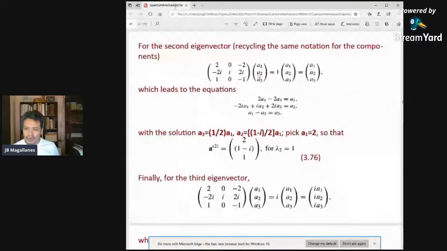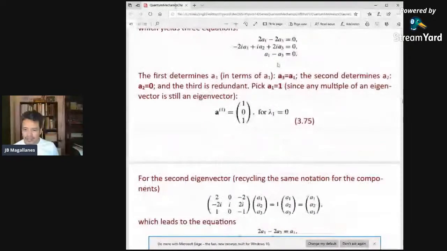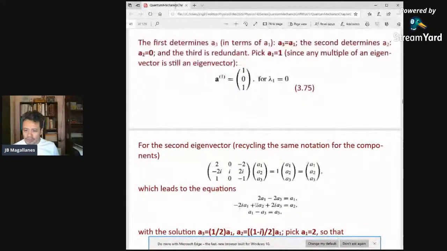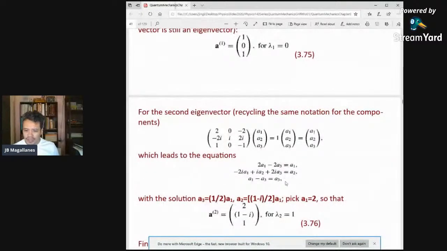When you use the same equations here, 2a1 minus 2a3 will now be equal to a1. The second line would now be equal to a2, and the third line would now be equal to a3.